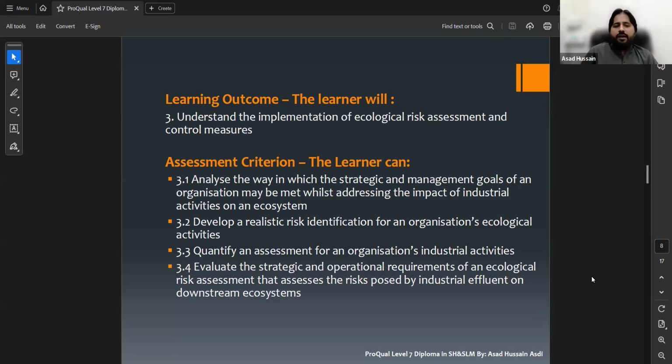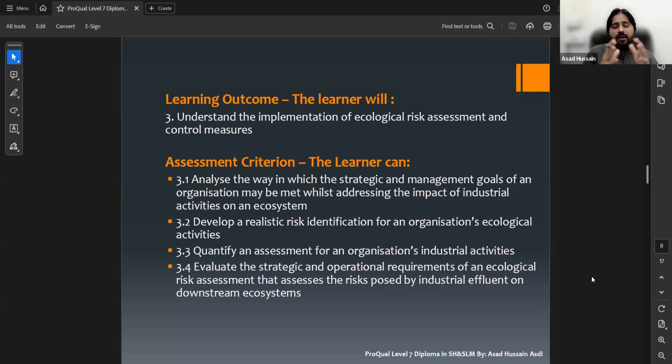Then 3.4, evaluate the strategic and operational requirements of an ecological risk assessment that assesses the risk posed by industrial effluent on downstream ecosystems. It's all about the ecosystem again. So basically, it is saying that you should be able to evaluate the strategic and operational requirements for an ecological risk assessment.